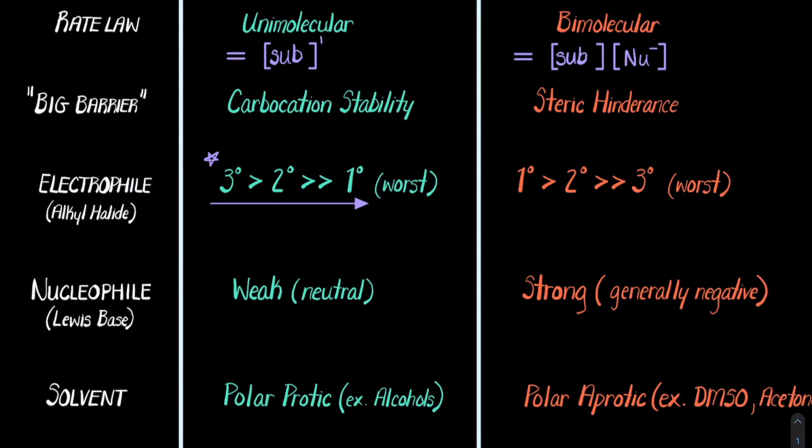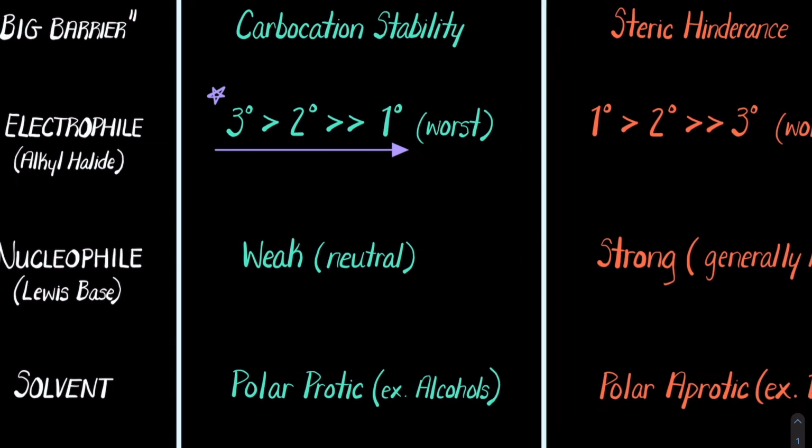Now, SN1, what does the nucleophile look like? Well, all nucleophiles are going to be Lewis bases. Now, what does the strength of that base look like? Well, with the SN1, we know that there's a carbocation intermediate. So we already have a positive charge, which will attract anything with any electron density. So it doesn't really matter.